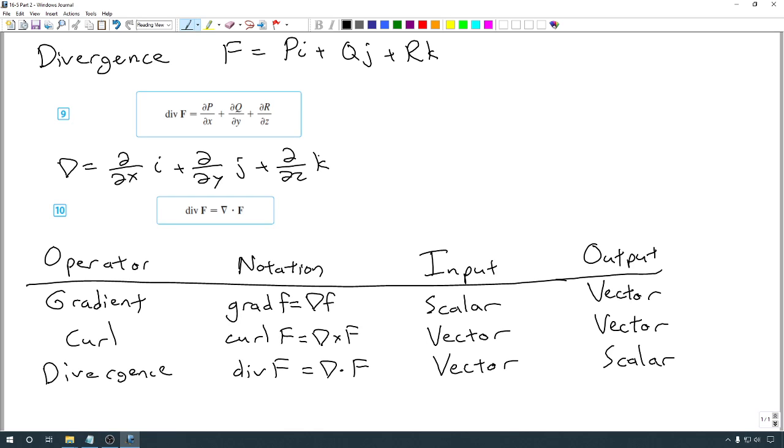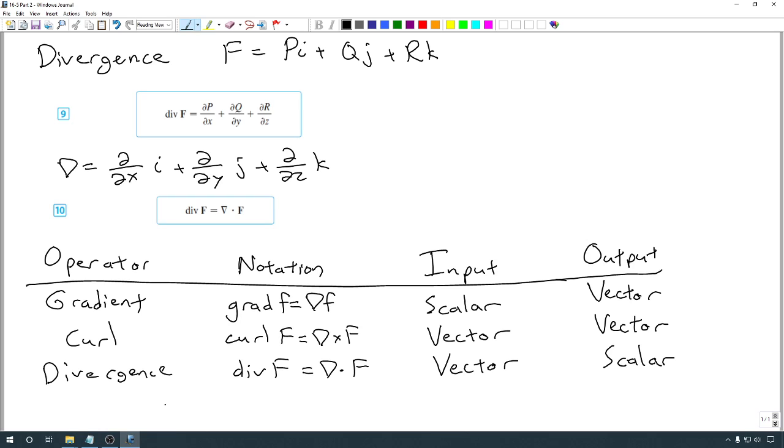If our fourth variable was maybe w, we'd have a d/dw times whatever our standard basis vector would be called in that case for the fourth component. I don't want to get too much into it than that. We'd have to actually give the notation there. But the point here is that this is pretty easily extendable.